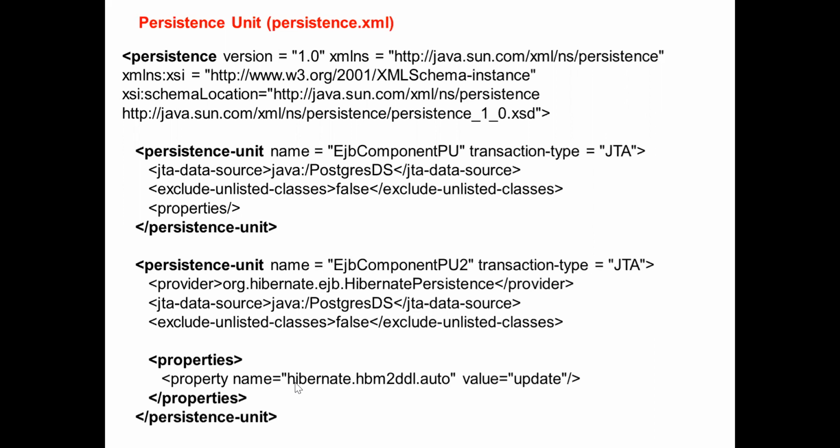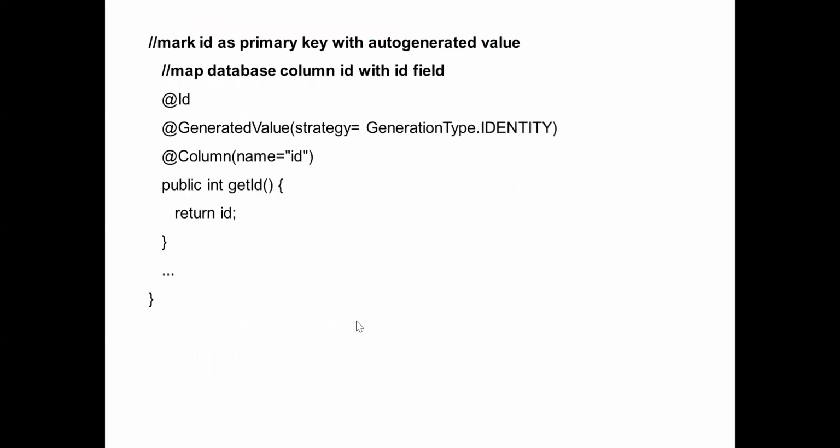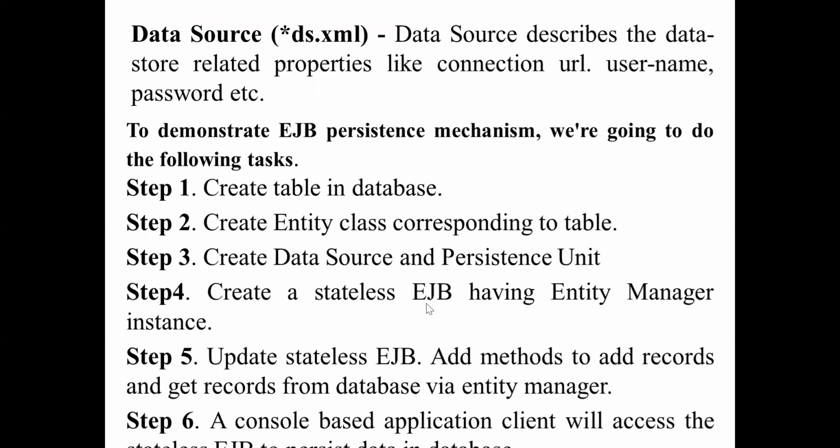So here we can use the persistency as a tag and end with the tag, and also we can use the persistency unit and properties. So this is the example of how to create the stateless EJB having the entity manager in the persistency unit. This is the fourth step. We have to create a stateless EJB having entity manager.